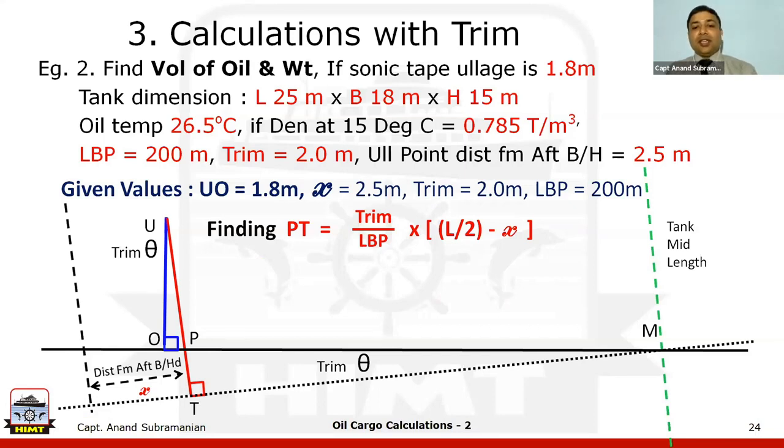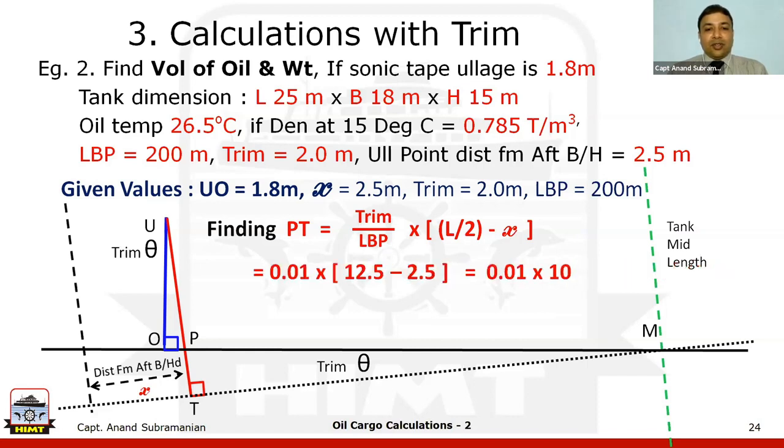Trim by LBP into L by 2 minus X. Trim by LBP is 0.01, that is 2 by 200. L is 25 meters, so L by 2 is 12.5. The value for X is 2.5, so 2.5 comes over here. So this becomes 0.01 into 10, that is 0.1. So PT is 0.1.